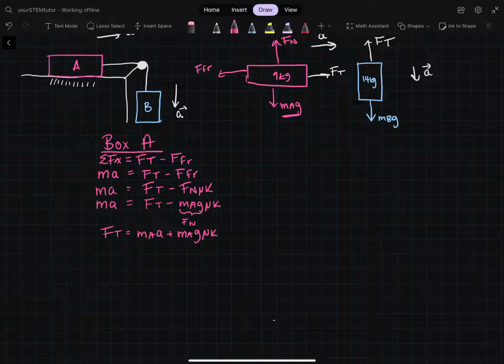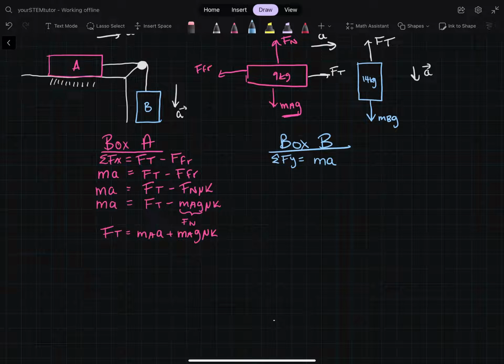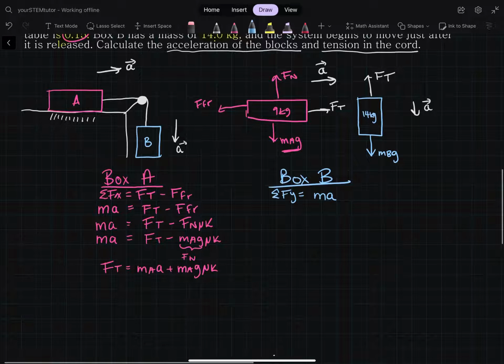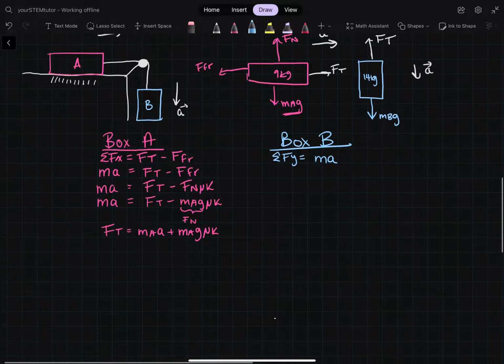Now if you take a look at block B, or box B, we have only the y-axis here, so the sum of forces y is equal to mass times acceleration. Since we are exhibiting some acceleration, it's not equal to 0 because we are in movement, because it's just after the blocks are released. We're trying to find the acceleration at that point.